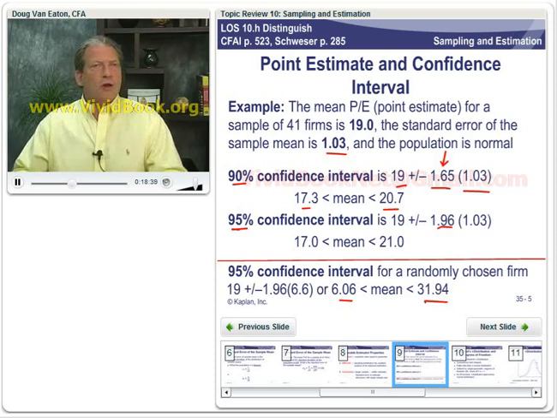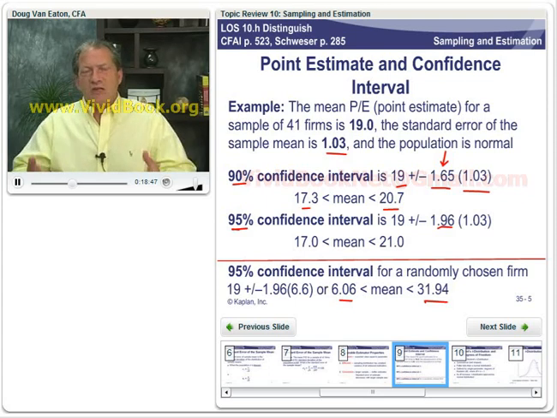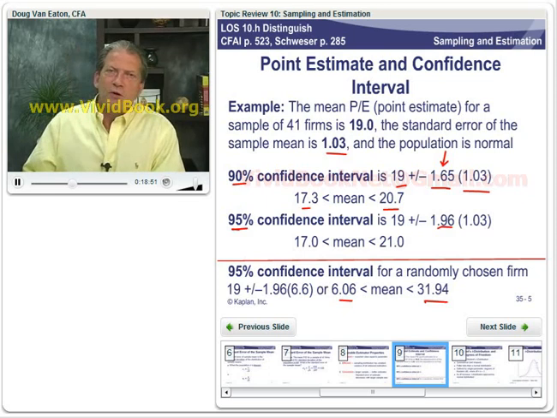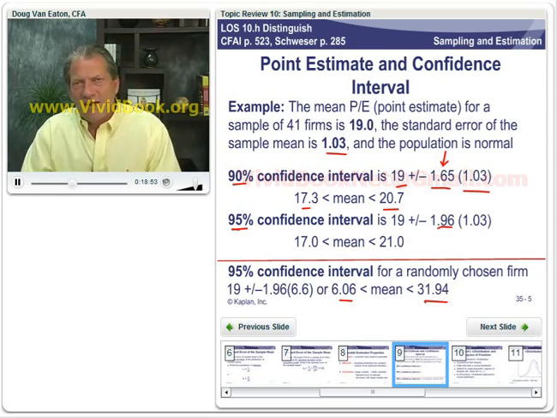So now we're not dealing with the standard error of the sample mean. We're dealing with the standard deviation of a single observation, in this case a single firm chosen at random. So if we're going to choose one firm, 95% of the time its PE is going to be between 6.06 and 31.94.